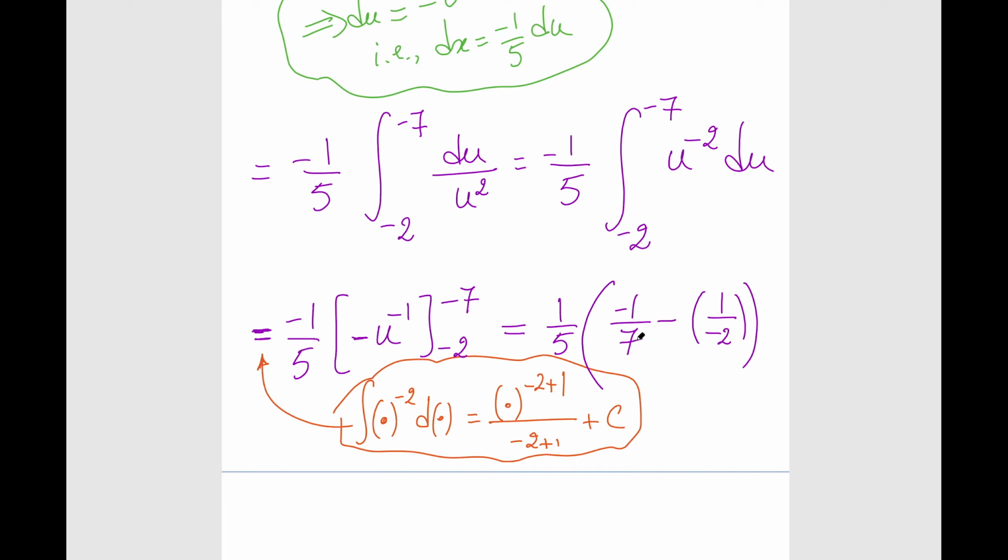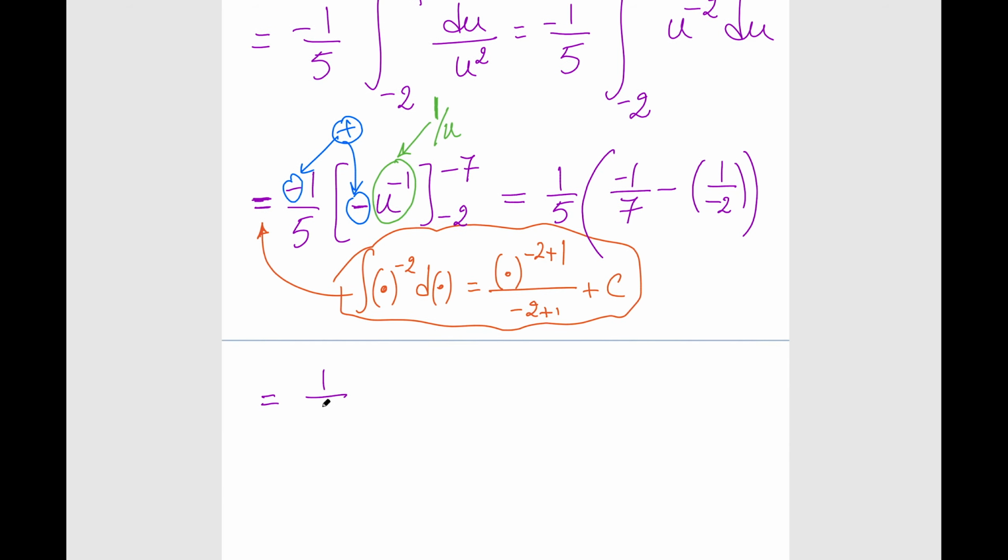Okay, so again, just to make it clear, this is 1 over u. And we talked about that minus with this minus, that's going to be a plus, correct? This is why you see a plus here. Very good.